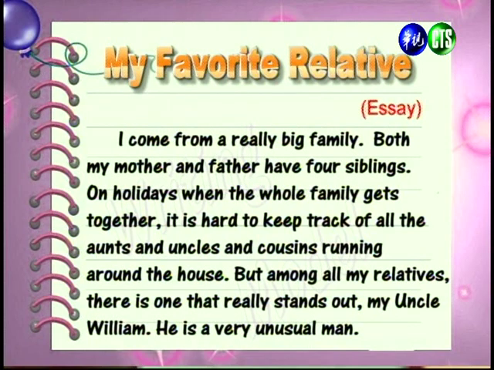And so we can see this introductory paragraph gives information on the size of the writer's family, and we find out that the writer has 8 aunts or uncles and that there are many cousins.